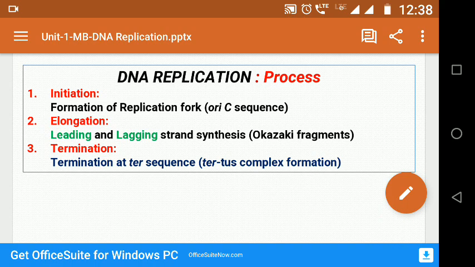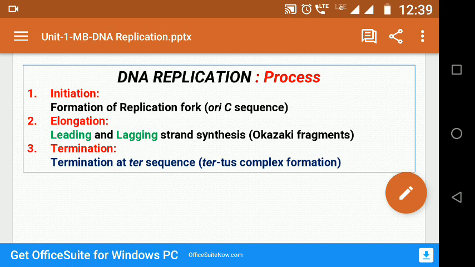In the stage of initiation, the DNA replication process will be initiated at a particular site. So it is not a random process. The DNA replication doesn't start at a random site. There is a specific site on each and every DNA molecule of E. coli cell.